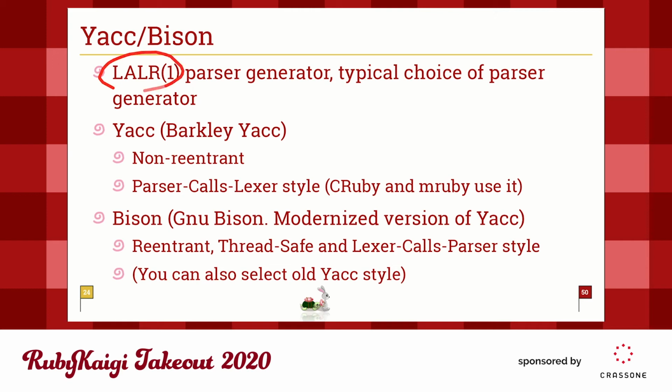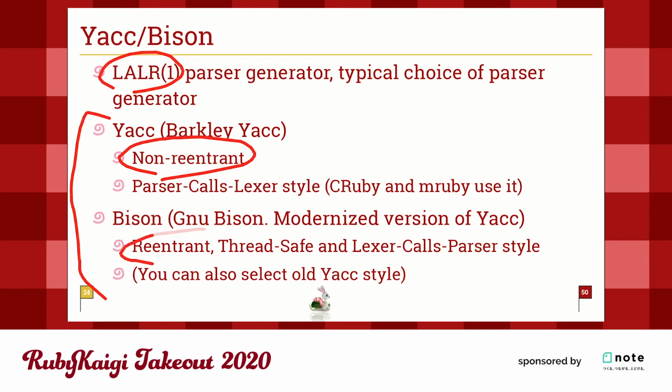LALR means look-ahead, left to right. It is the name of the theory to parse. It is sometimes considered, I think, that Yacc and Bison are almost the same. But there are several differences between them, things like Yacc is non-reentrant, while Bison is reentrant and thread safe.